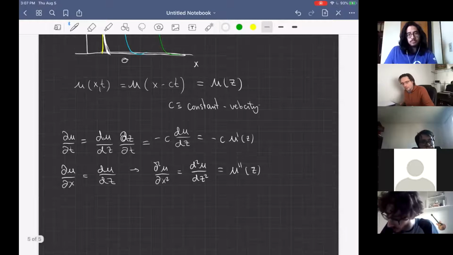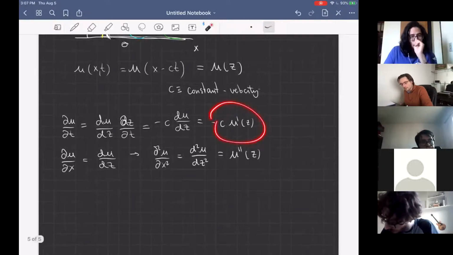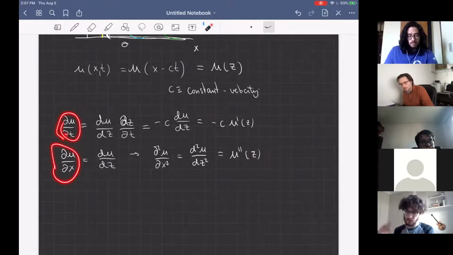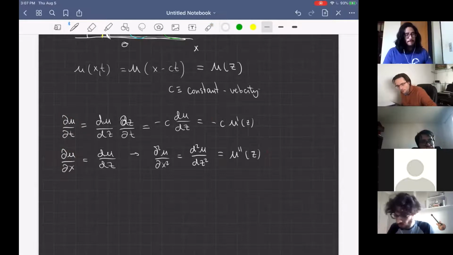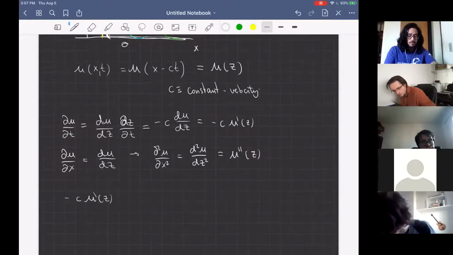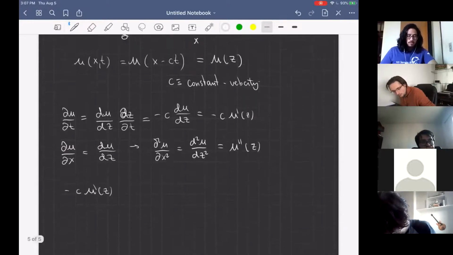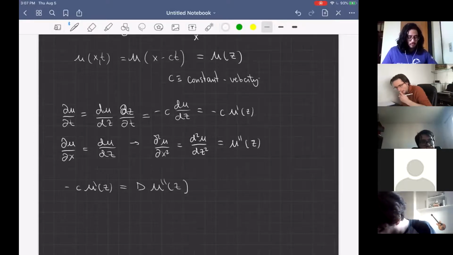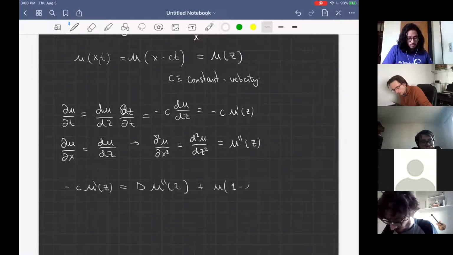Now if I substitute the derivatives with respect to t and x by their values with the new variable, I get something like this: minus c times the derivative of u with respect to z is equal to D times the second derivative of u with respect to z, plus u(1 minus u).